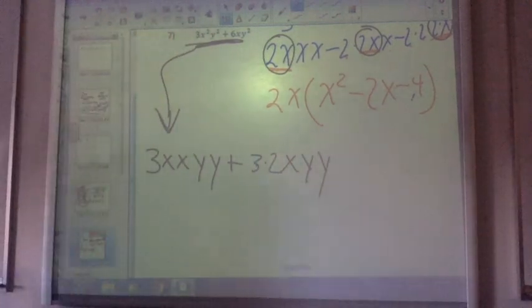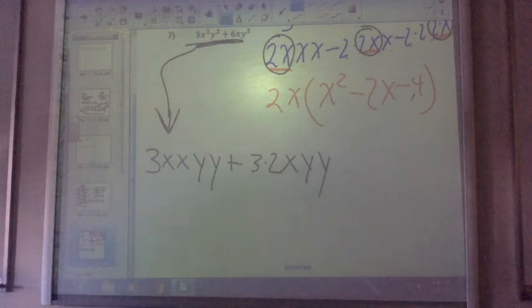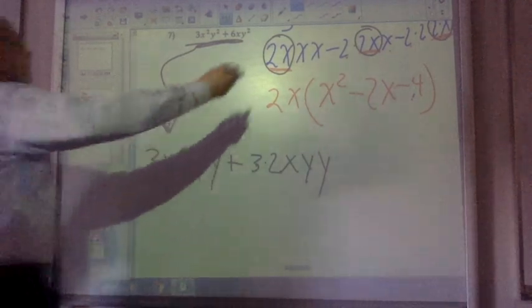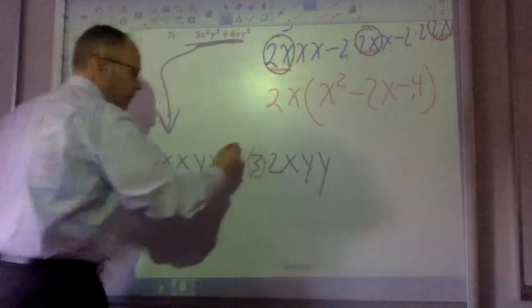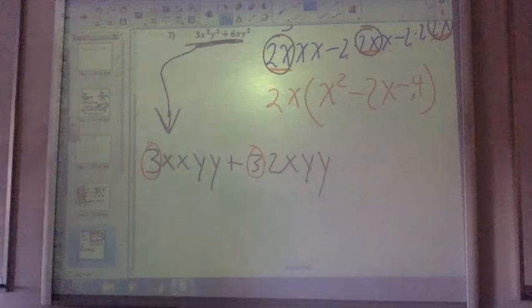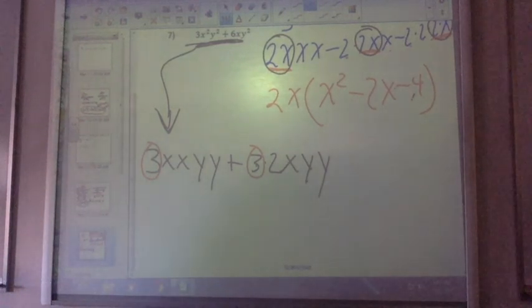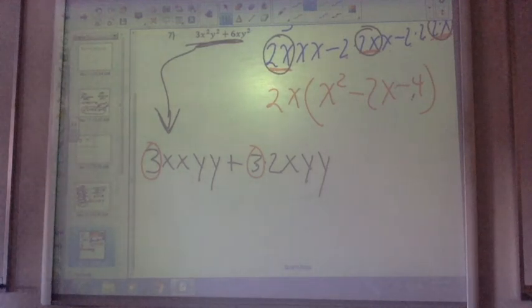x, y times y, because y squared is y times y. Okay? Do I have a number in common between my two terms? What is it? 3. So I have a 3 and a 3. Are there any other numbers that I have between those two terms? No. How many x's could I take out of both? Why only one?